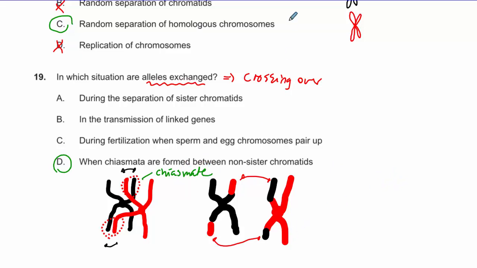And what are non-sister chromatids? So this is one chromatid, and its sister was this one before the crossing over.